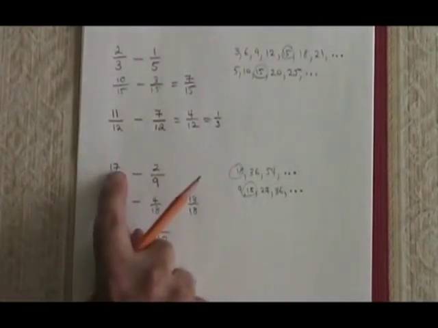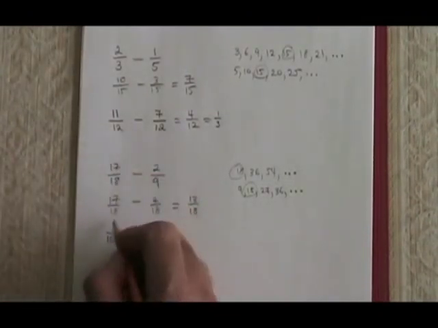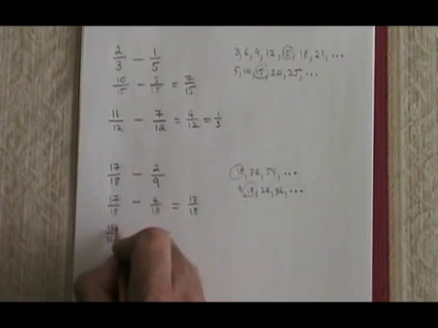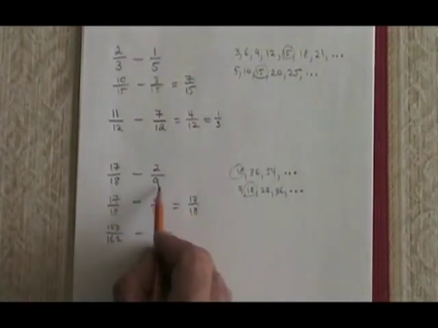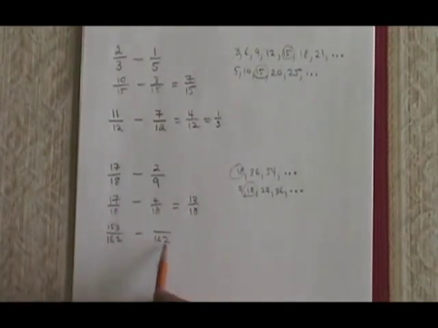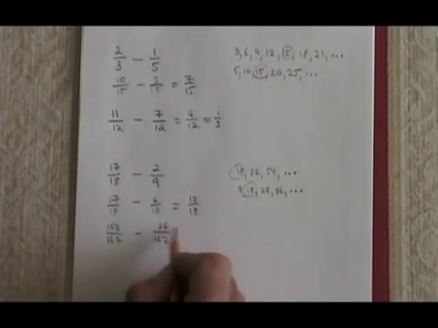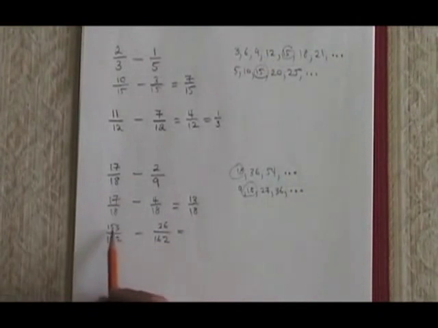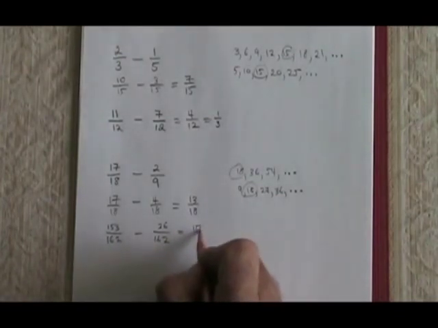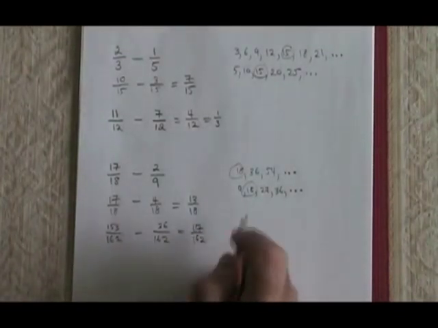So we have to multiply the 17 by a 9, and we get 153. 9 is multiplied by an 18 to give 162, so the 2 has to be multiplied by an 18 and gives a 36. If we subtract 153 over 162 minus 36 over 162, we get 117 over 162.